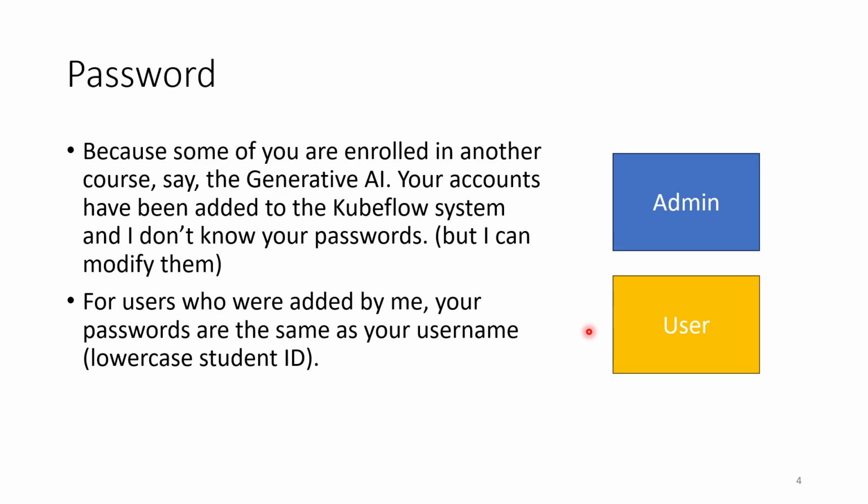If so, do you know your password? You know your password? Yes. Okay, good. I think half of you have the account and you have your own password already, and you can use it.